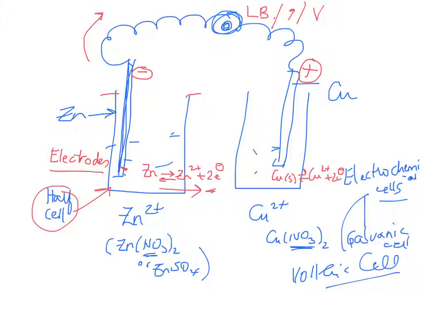Now as the electrons make it to the opposite end, at the copper electrode, more and more copper ions from the solution are going to gain those two electrons and actually deposit copper on the plate, and so a reduction reaction is going to take place at the copper end.